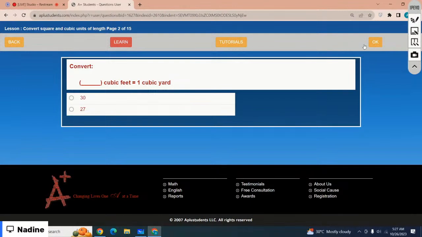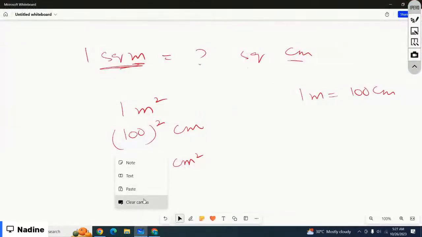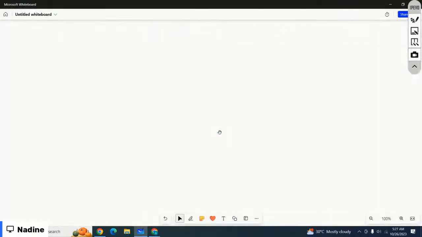It is 1 cubic yard, right? So 1 yard equals 3 feet.